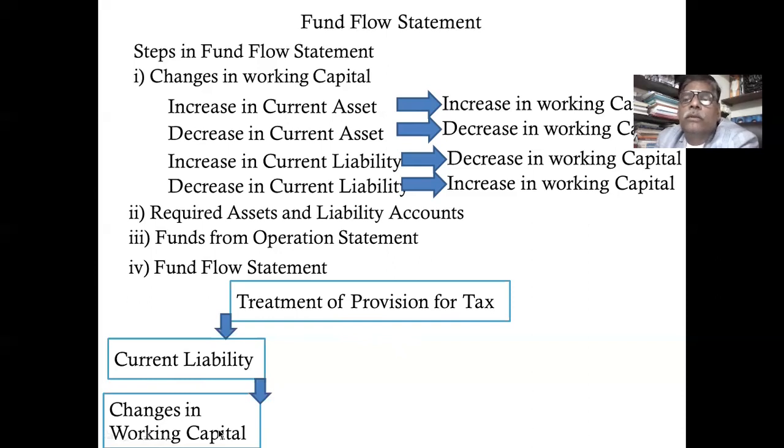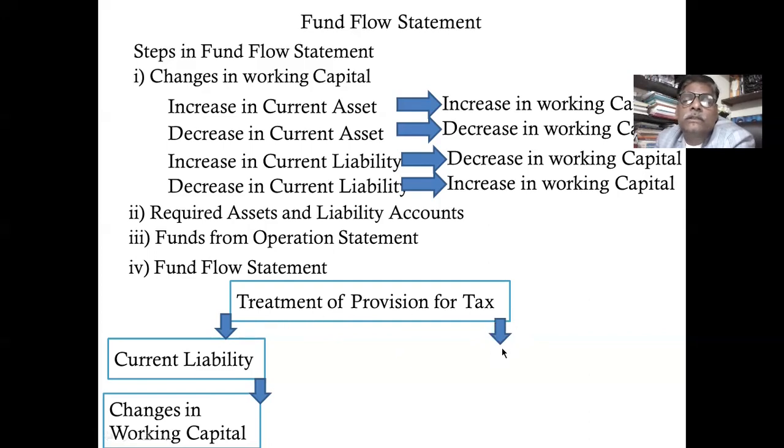Remember this: only in the first statement, changes in working capital, under current liability, if you treat it as a current liability. That is the first point.